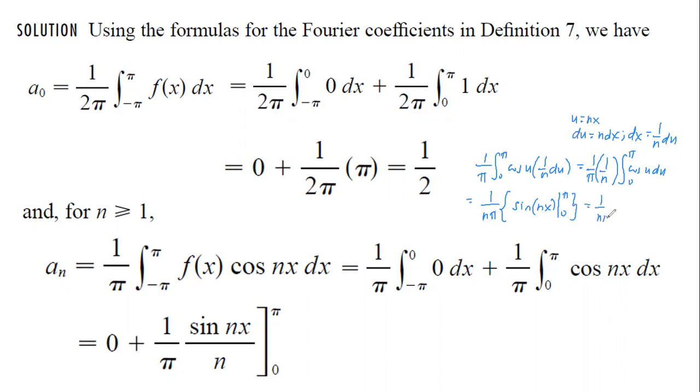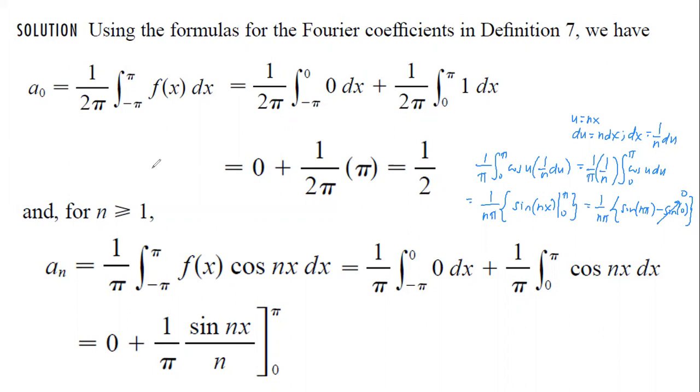So 1 over n pi, upper limit minus lower limit. This will give us sine of n pi minus sine of 0. Sine of 0 is of course 0. So we're left with 1 over n pi times sine of n pi.